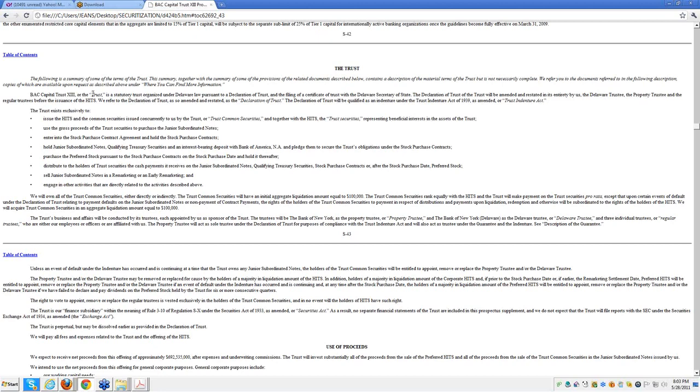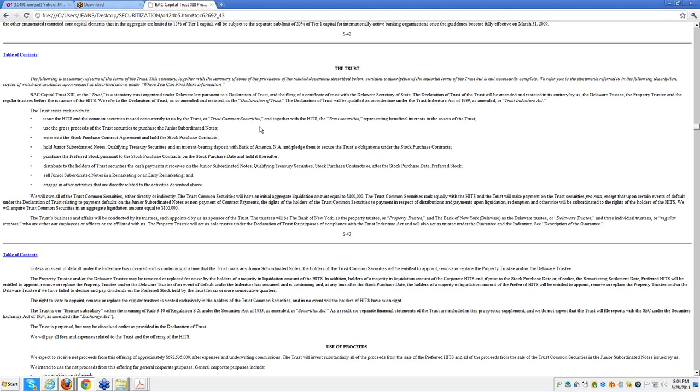The trust is a statutory trust organized under Delaware law pursuant to a declaration of trust. They do a declaration of trust or a trust indenture, and they appoint an indenture trustee. A lot of them use the Bank of New York. They get their nose in all this stuff.